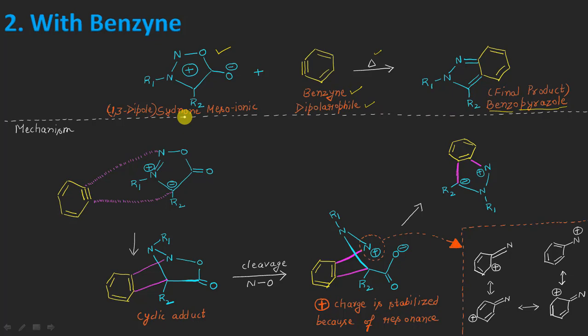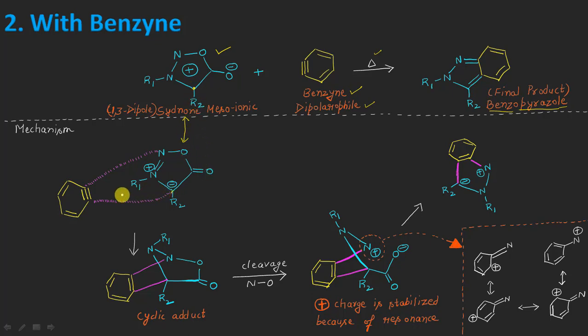So it can be represented in this type of resonating structure in which this nitrogen is having a positive charge. This single bond oxygen negative will now become a double bond oxygen, giving a negative charge on this carbon atom in this way.